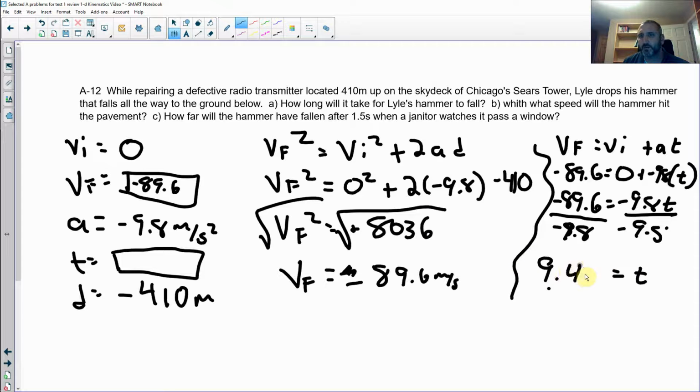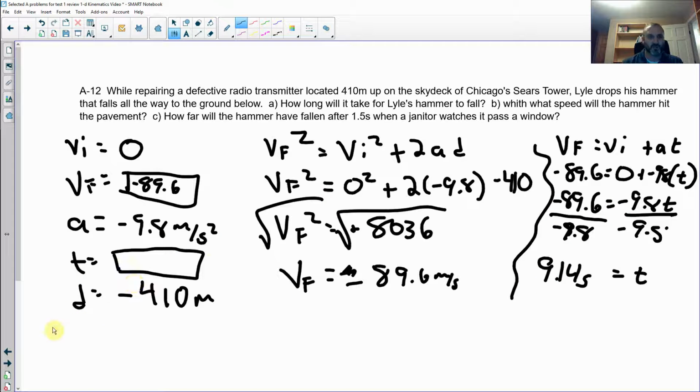I hope that's what we got in class. To me, it seems a little small, but I just looked at the work that we did and it looks good. 9.14 seconds. And again, positive time. We can't go back in time. That's a little trick to check yourself with. We had two negative numbers here, and we should have because we needed a positive time.